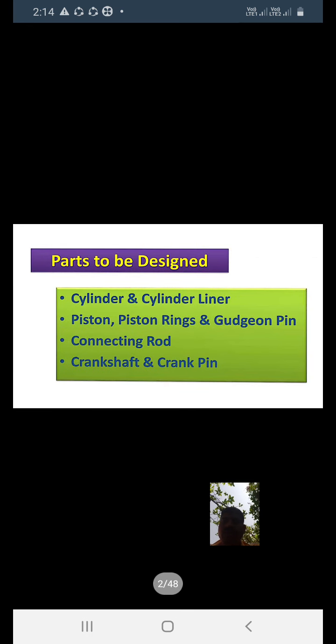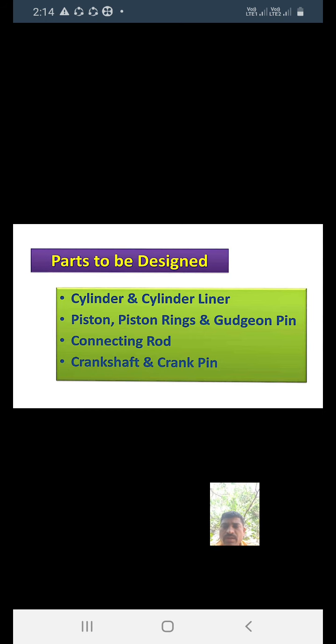You know the major components of the internal combustion engine are the cylinder and cylinder head, then second the piston, third the connecting rod, fourth the crank, also we can say the crank pin and crankshaft, and last the valve gear mechanism. These five we can call the main components of the IC engine.